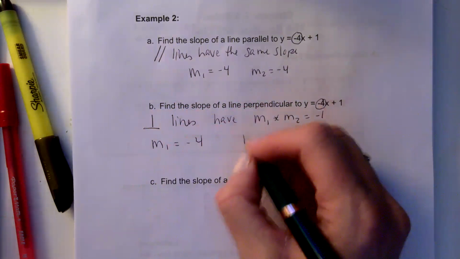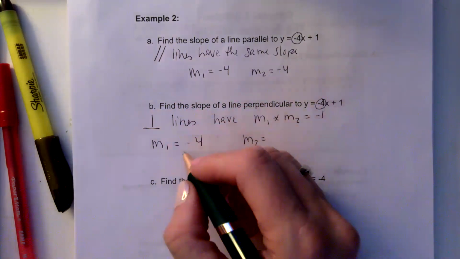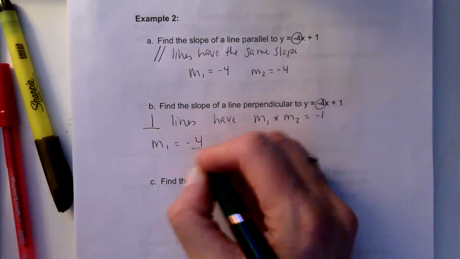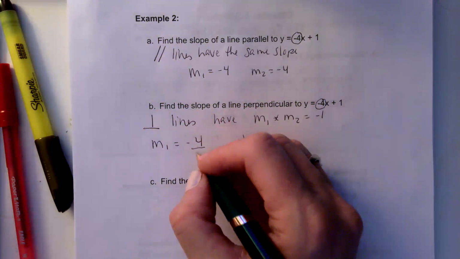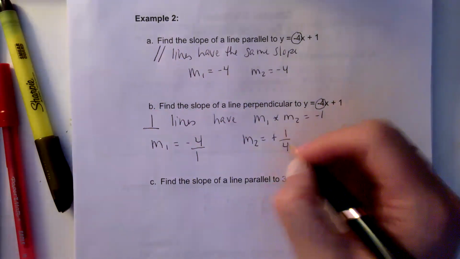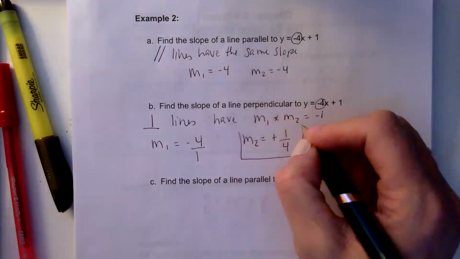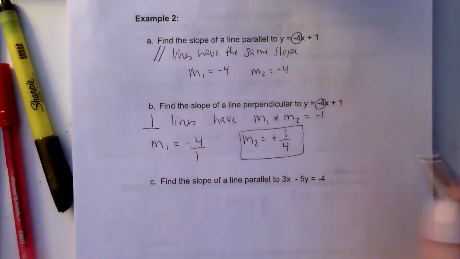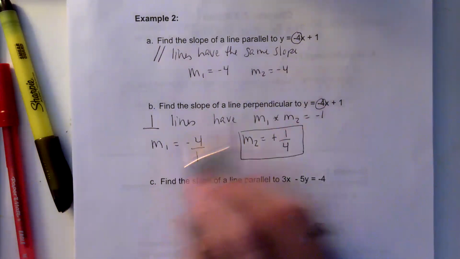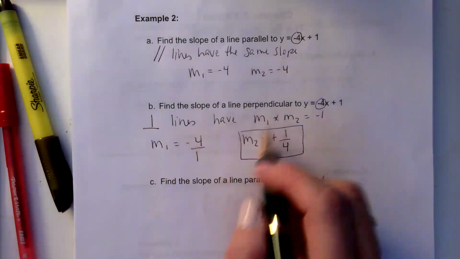And so that means that slope 2 is the opposite sign, so it's a positive, and the reciprocal. So we're going to imagine that this is -4 over 1. And so the reciprocal of that would be 1 over 4. So there is the new slope. I identified my given slope as m1 and my new slope as m2.